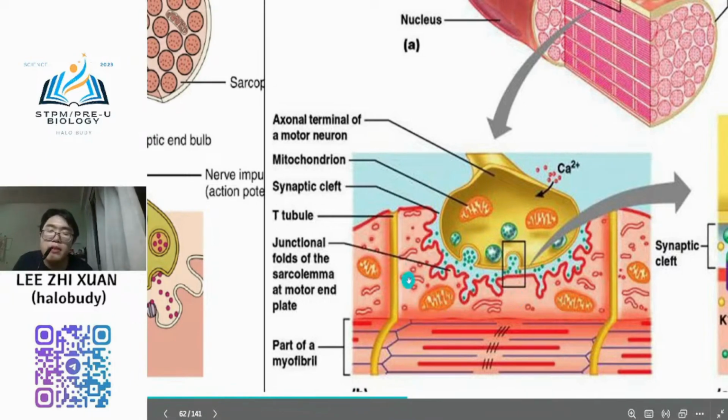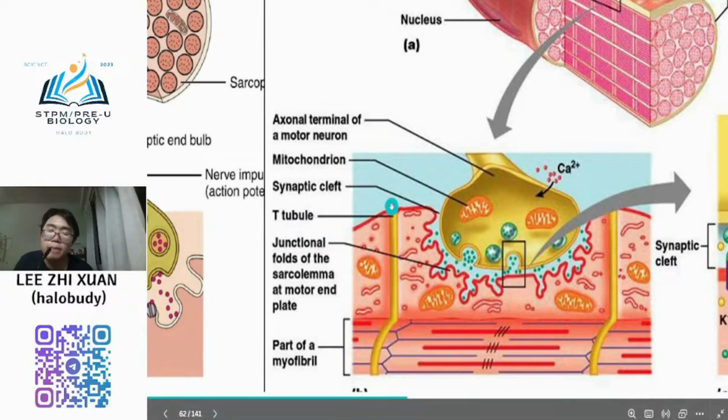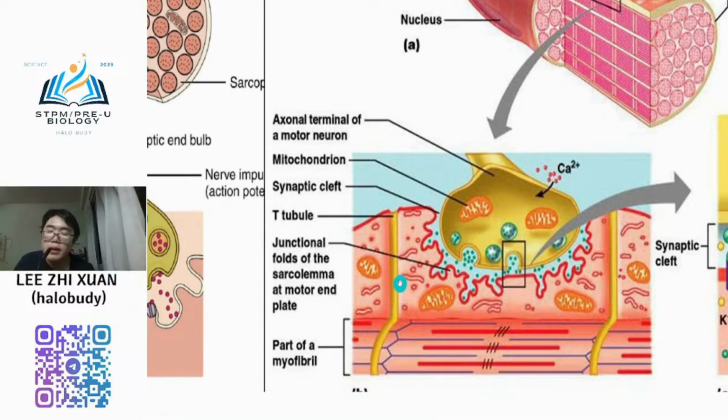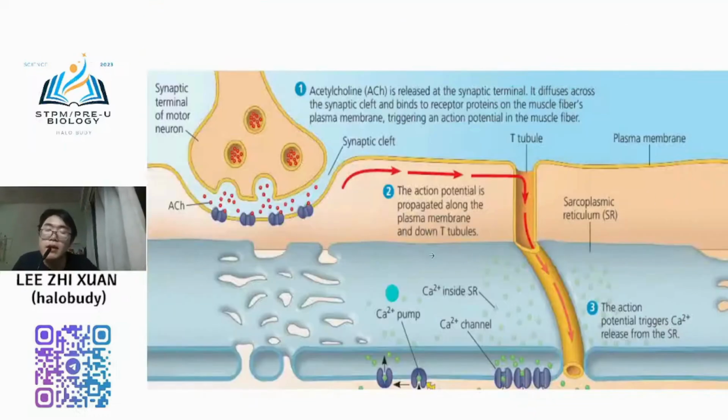For a muscle to contract, the electrical impulse will pass through the T tubule. We call this the T tubule here, so you need to be alert about that. This one is more clear, right?